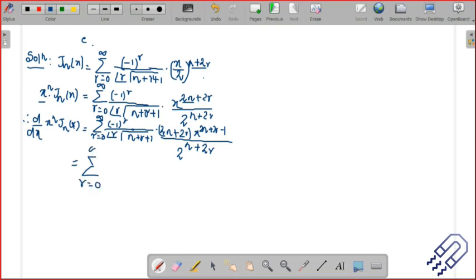R is equal to 0 to infinity, this is minus 1 to the power r. Here I can take 2 common. So I'll take 2 common and I can write it down as n plus r. And then we can write it down as x to the power 2n plus 2r minus 1 divided by, this is n plus 2r.